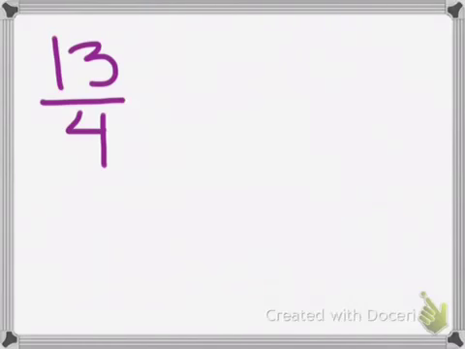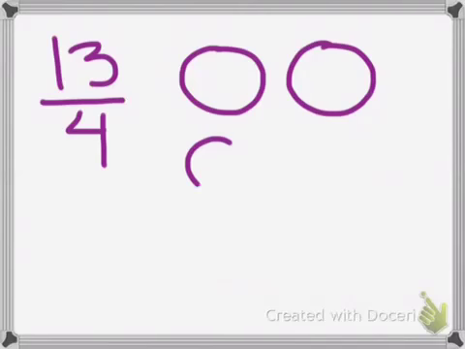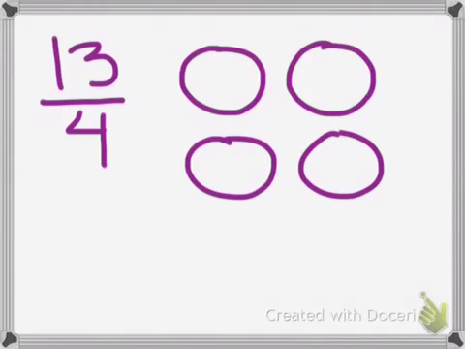So I want to think about how many wholes I can make out of 4. If I have to split 13 up into groups of 4, how many can I make? How many wholes can I make? So you can do that just the simple way of splitting up your number into the parts. So putting 1, 2, 3, 4, 5, 6, 7, 8, 9, 10, 11, 12, and then I have 1 left over.